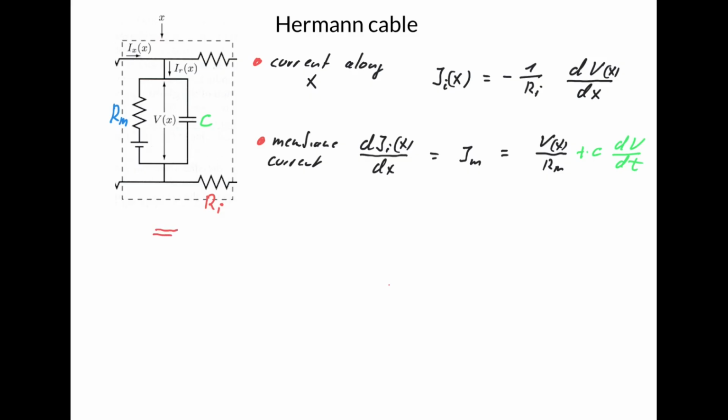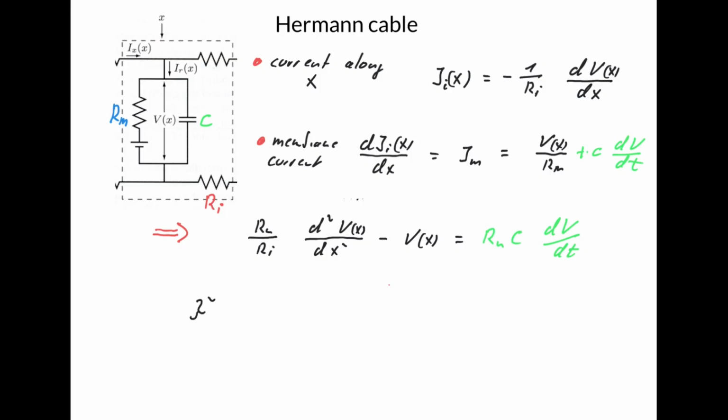Now reformulating our equation leads to a second order equation in space and first order equation in time for the voltage, reading Rm divided by Ri times the second derivative of the voltage with respect to space x, minus V of x, is equal to Rm times C times dV/dt.